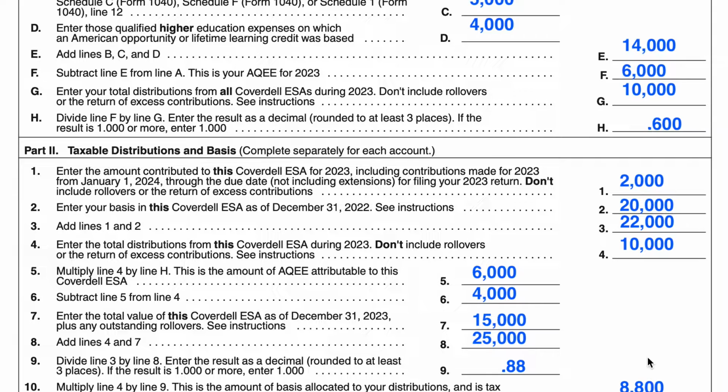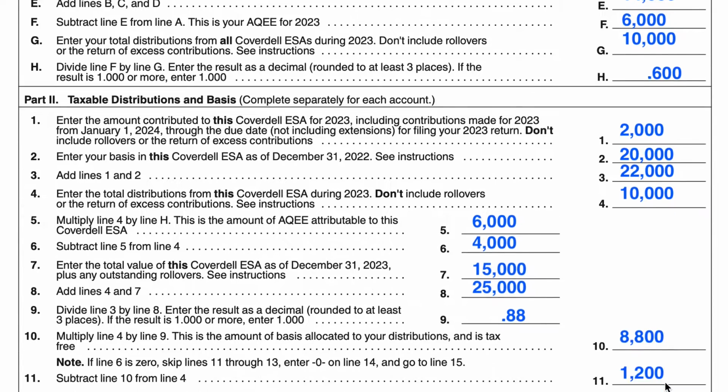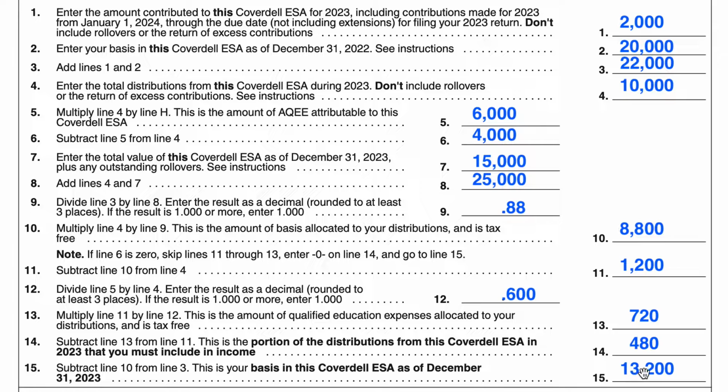The rest of the note says you can determine your basis in this Coverdell ESA as of December 31st, 2022 by adding to the basis as of the end of that year any contributions made to the account after the year of distribution. Let's imagine your last distribution year was 2020, and at the end of that, your amount was $13,200.